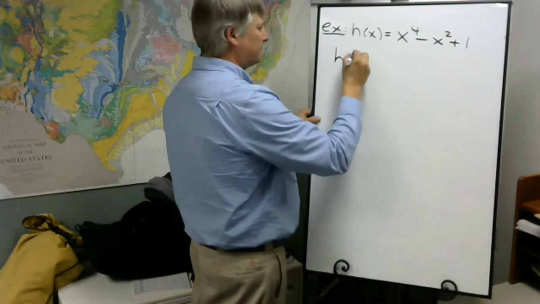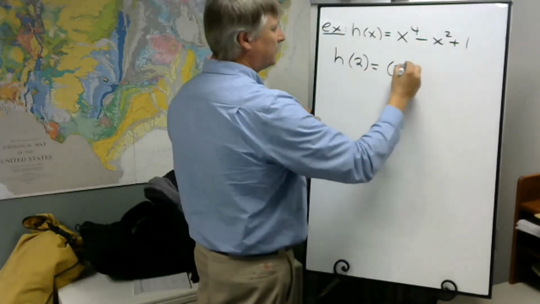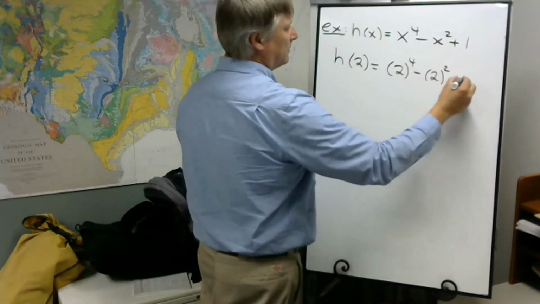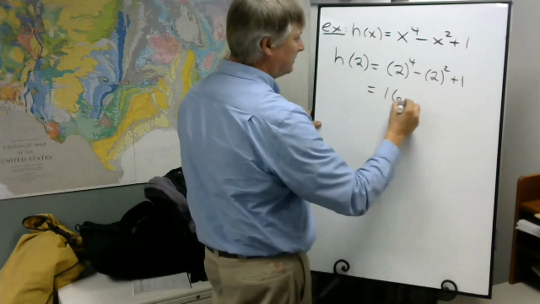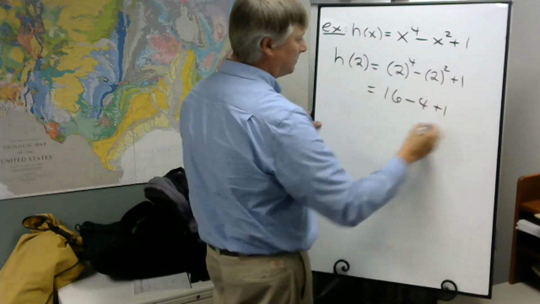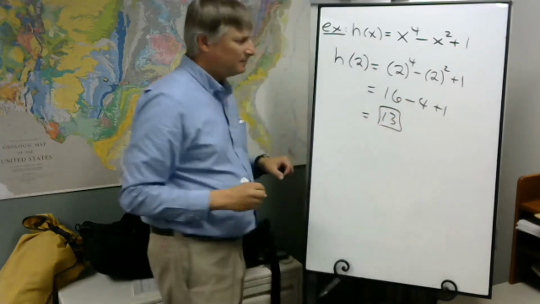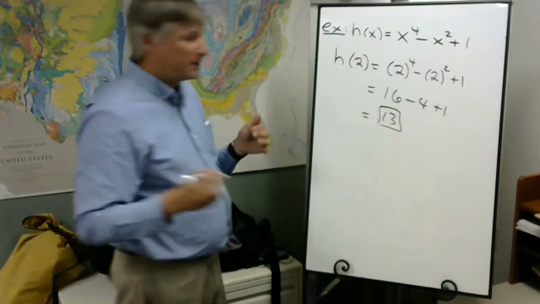So h of 2. Well, this will become 2 to the 4th minus 2 squared plus 1, or 16 minus 4 plus 1, or 13. Or say we have h of negative 3.